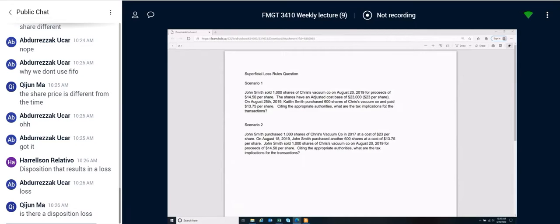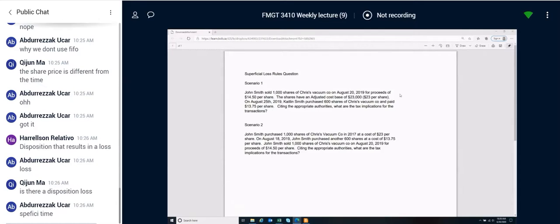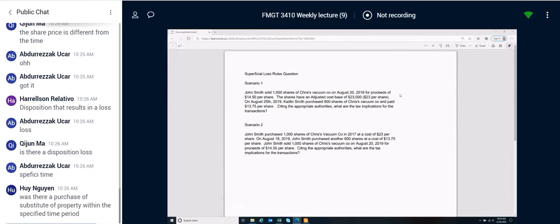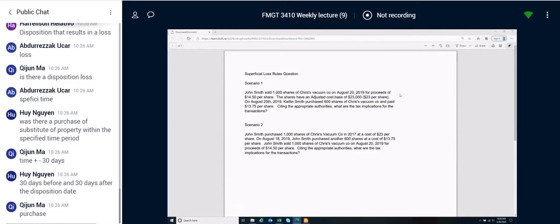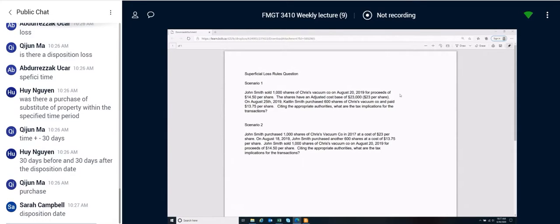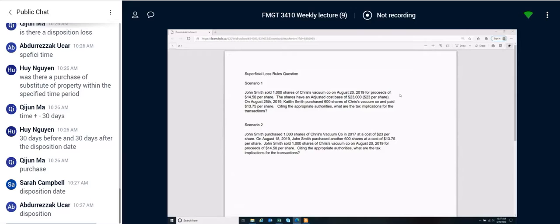Now what's the next thing you have to look at? What is the specified time period? Plus minus 30 days from when? You have to be very specific. It's 30 days before and 30 days after the disposition date.